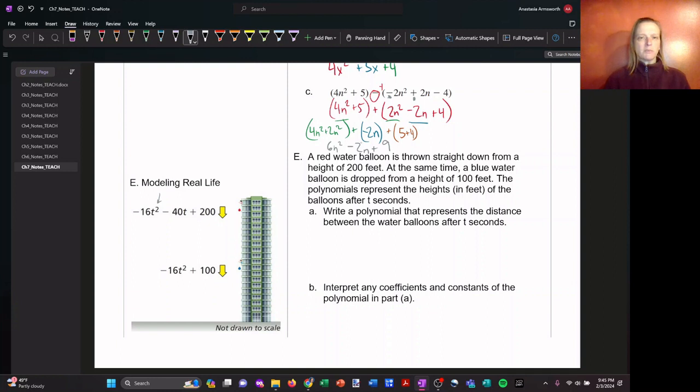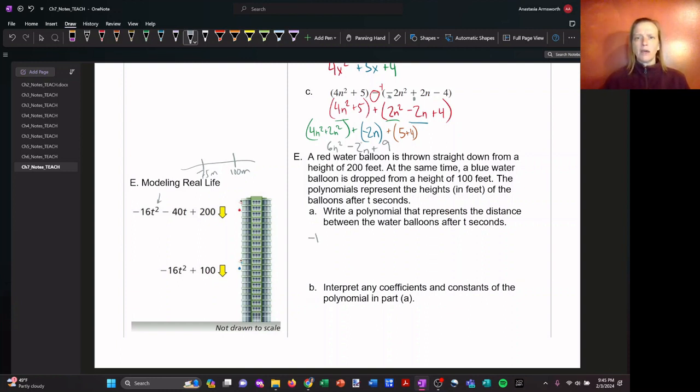Well, if you want to know the distance between two objects, if I'm at the, I don't know, 100-meter mark, and my friend is at the 75-meter mark, then the way I get the distance between our 2 points is by subtracting those positions. 100 minus 75, we're 25 meters apart. So we're going to do the same thing with the polynomials here.